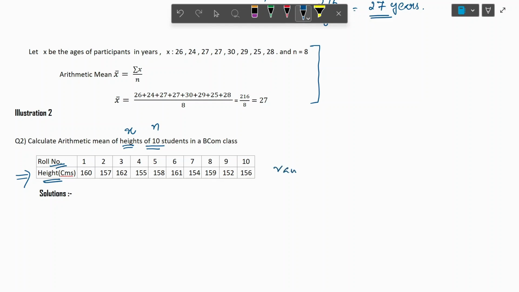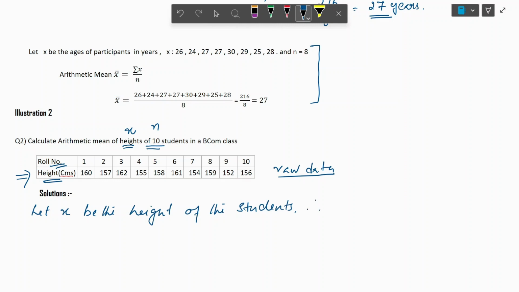Now, same way we will proceed. Here first write what is your x, because you are defining your x. Let x be the height of the students, of the 10 students. You can write like that way also, 10 students.